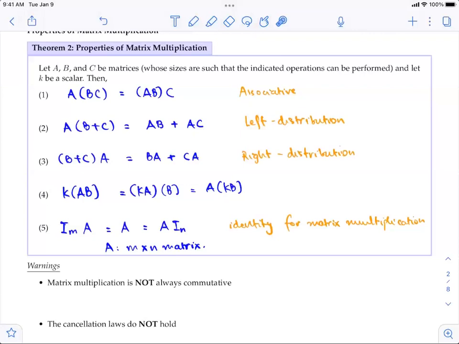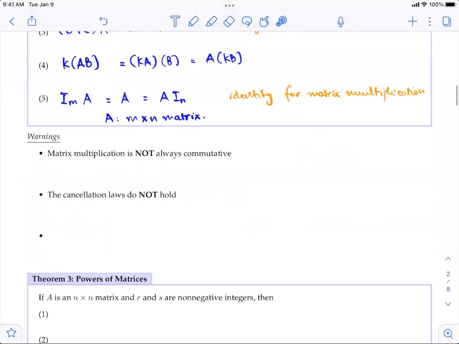That's why you have left distribution and right distribution. So this is the warning I want to give: for the most part, A times B is not commutative. AB is different from BA, as we also saw in the last lecture. So AB equal to BA is not always true.